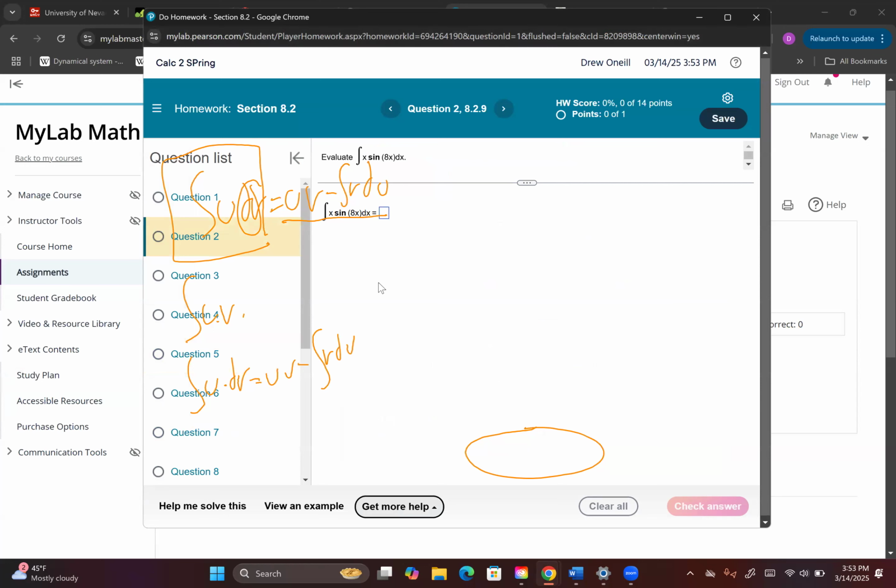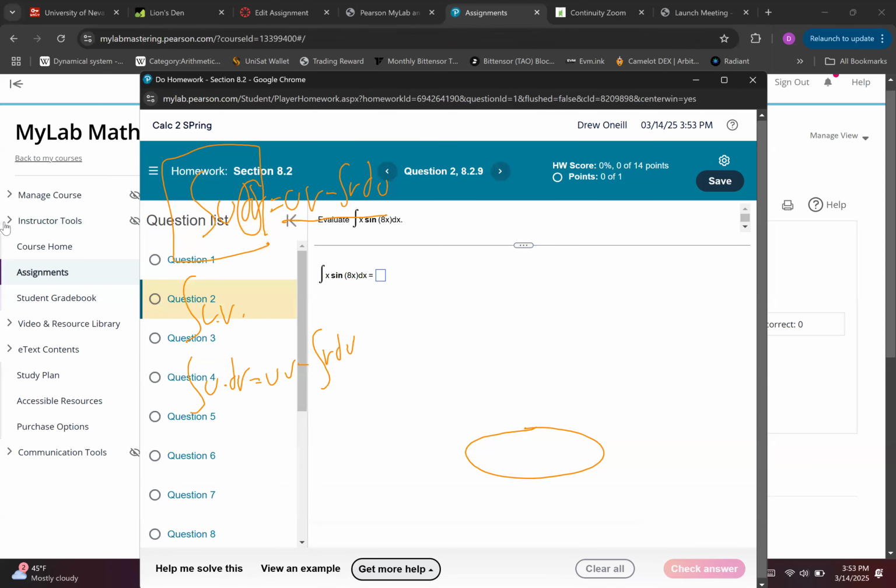What this is saying, let's just directly apply this formula, is we have two things, right? This is called integration by parts, IBP. This is not a U-sub. We have this is one thing and this is another. We don't know which one's u, which one's v or dv, okay?